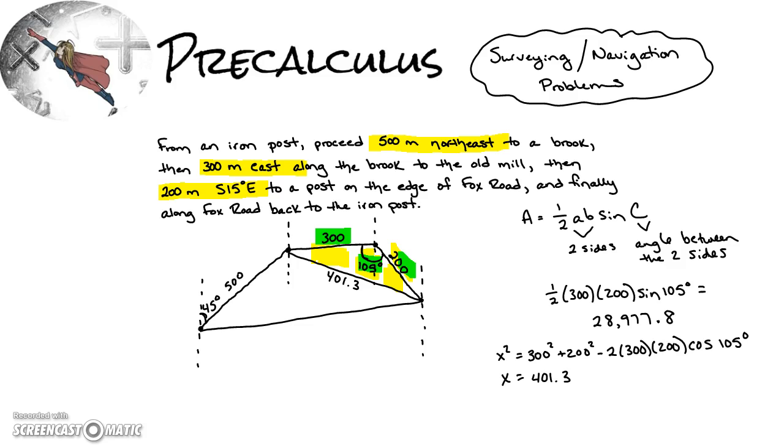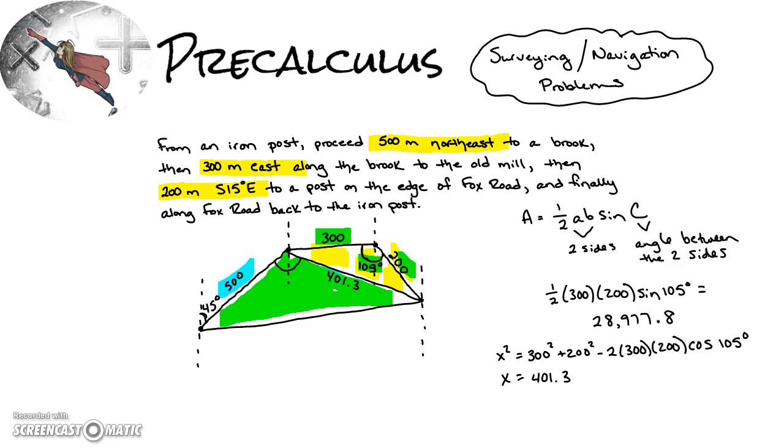All right, now our goal is to find the area of this bigger triangle down here, which we're doing good so far because now we have a side right here and the side that we just found, 401.3. So now we have to find this angle right there in between the two sides.